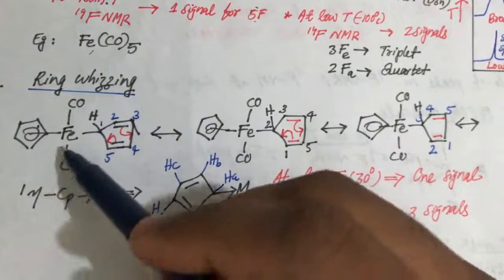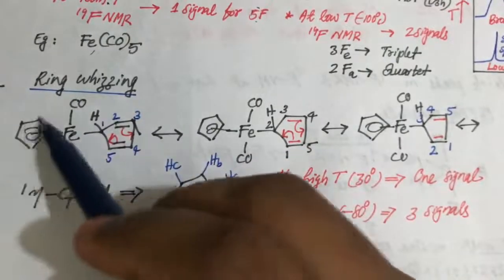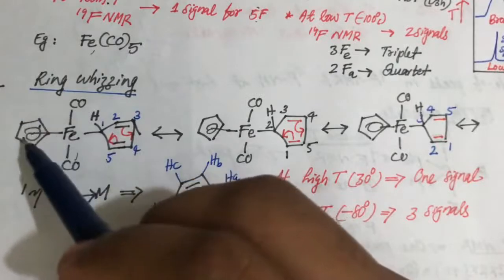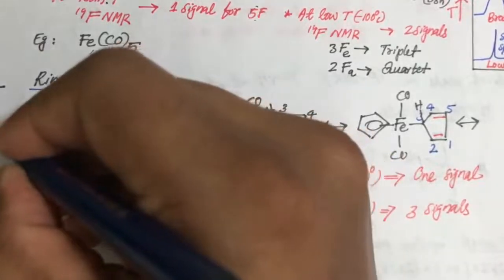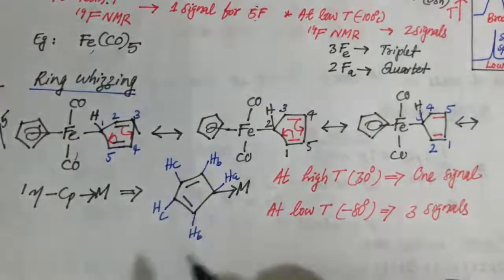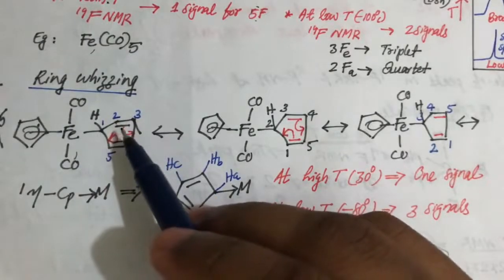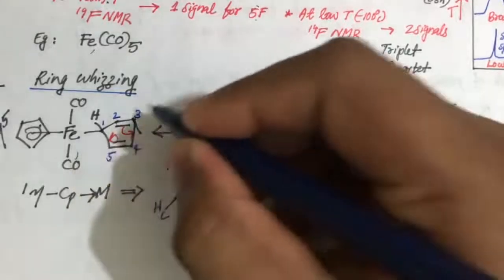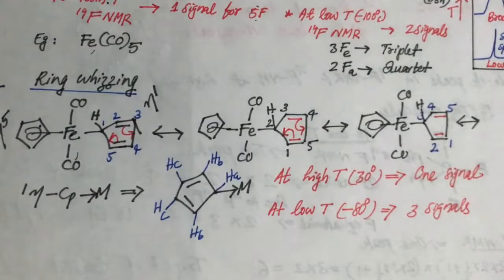So this is an iron dicarbonyl compound, and here you have a cyclopentadienyl ligand showing hapticity 5, and another cyclopentadienyl ligand showing hapticity 1. The main interest in this complex is the cyclopentadienyl ligand having hapticity 1.